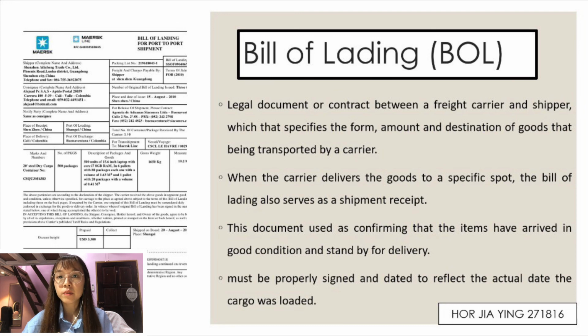When the carrier delivers the goods to a specific spot, the bill of lading also serves as the shipment receipt. This document is used to confirm that the item has arrived in good condition and is on standby for delivery. And this document must be properly signed and dated to reflect the actual date the cargo was loaded.